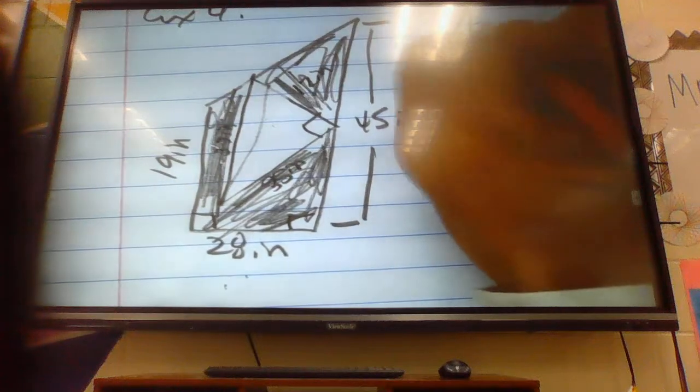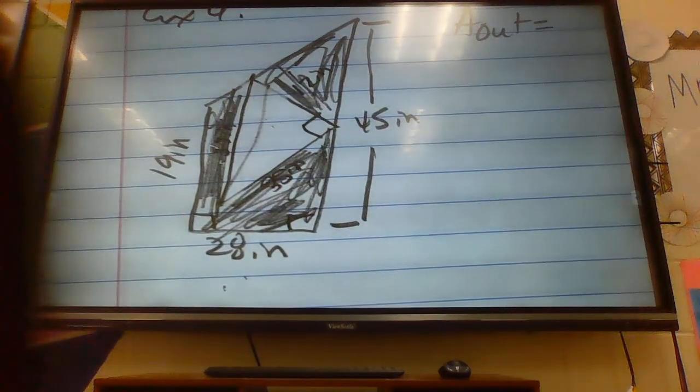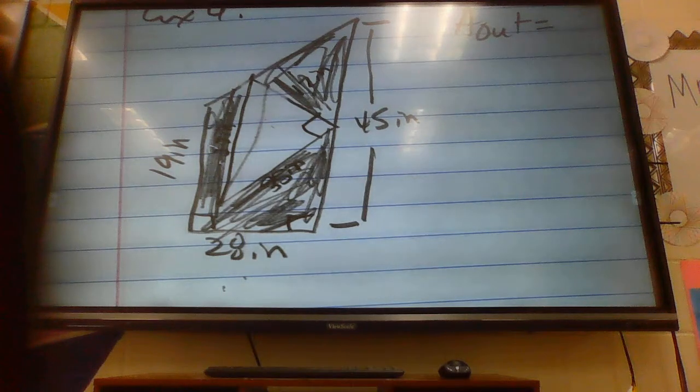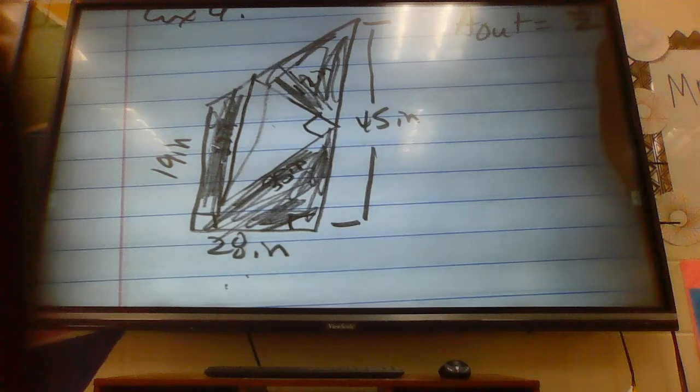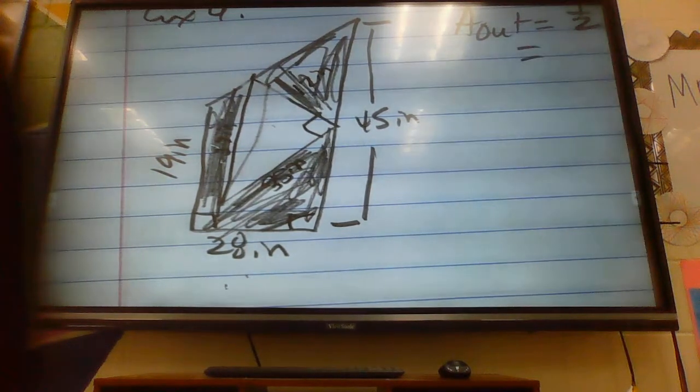So area out, what's the formula for finding area of a trapezoid, Tara? Okay, so Braylon, what's my base 1 and my base 2?